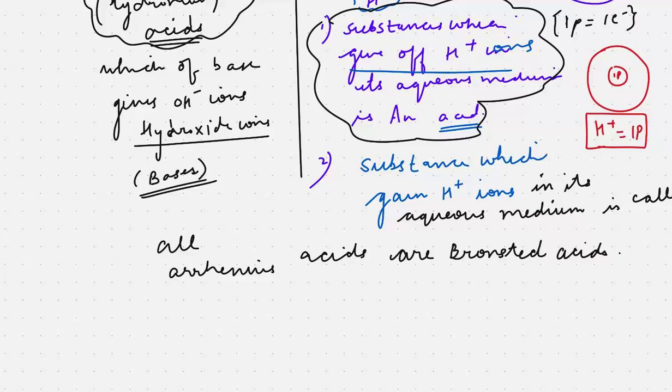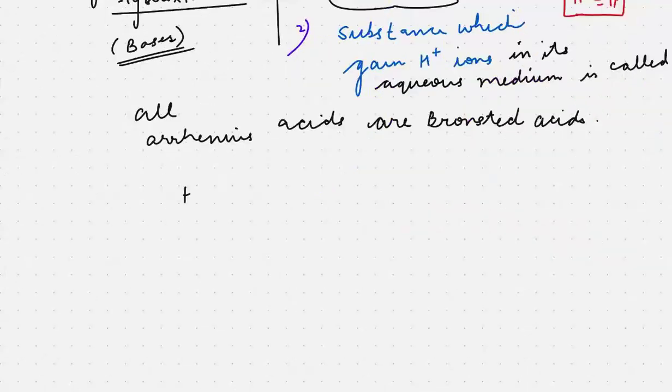So for example, if I say HCl, the first thing you understand is that when we have a bond, there is an H here and a Cl here.